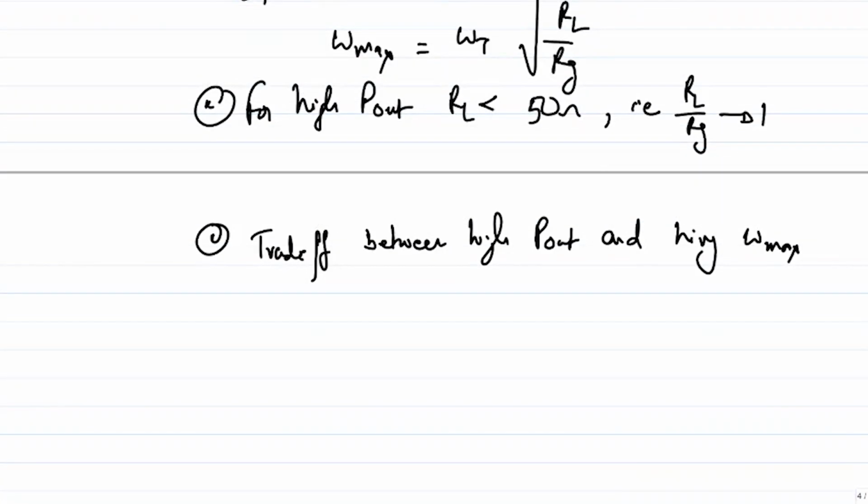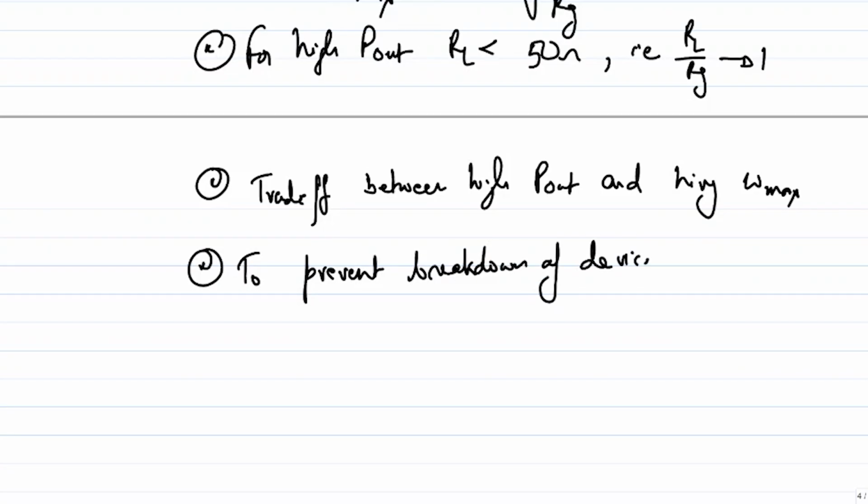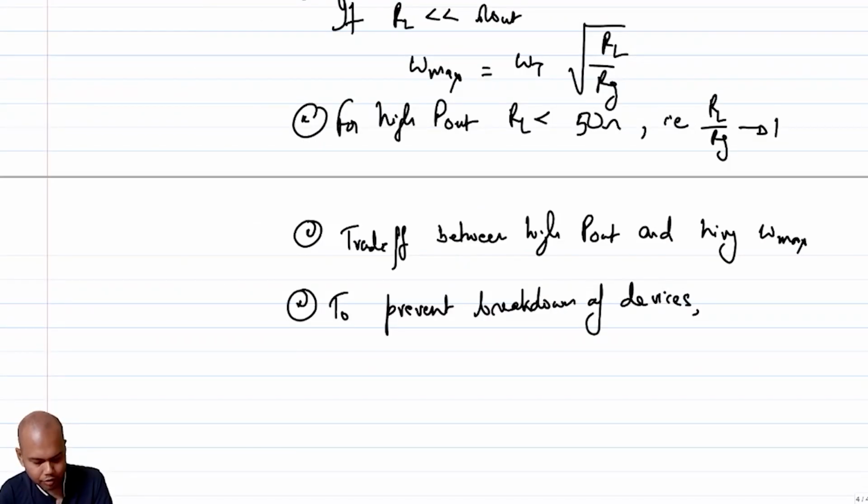The next thing is not apparent from this expression. The one that you should worry about is the fact that for high power, to prevent breakdown of devices, generally when we talk about breakdown, we are talking about breakdown of the transistor junctions, we need thick oxide devices.